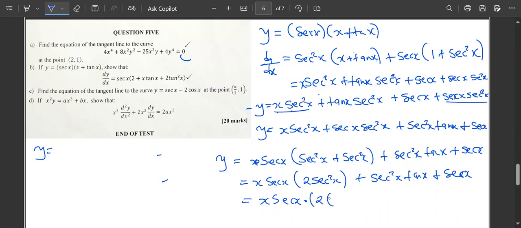But again, sec squared x is the same as 1 plus tan squared x. Okay, again, that's another problem. So here I need to do something. This was a big question.